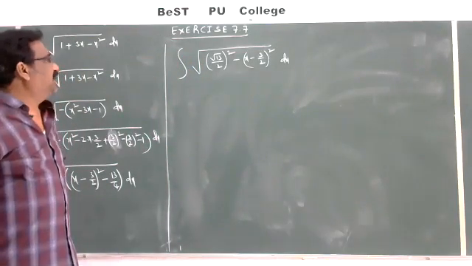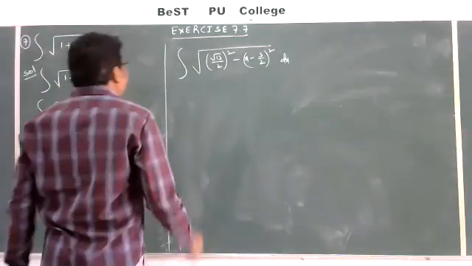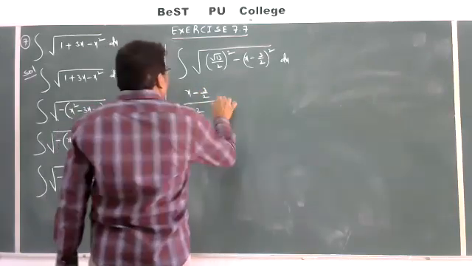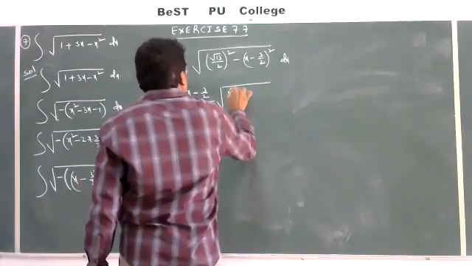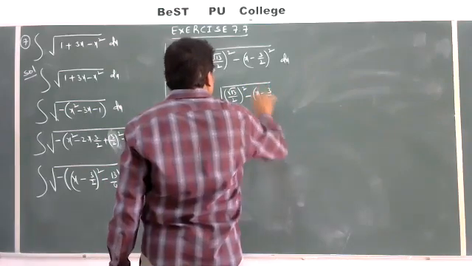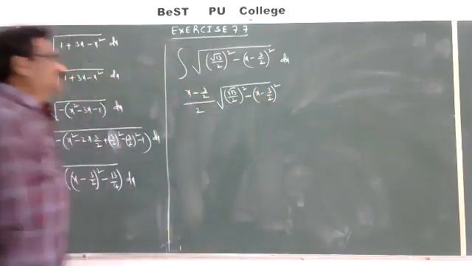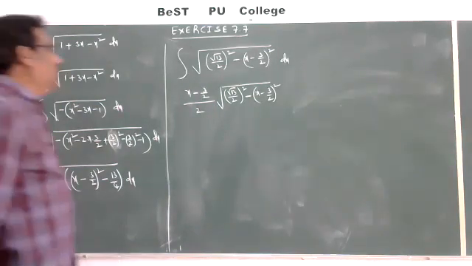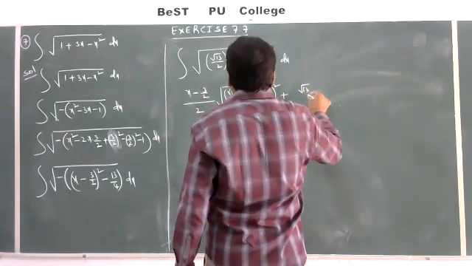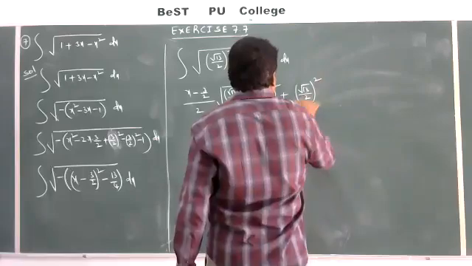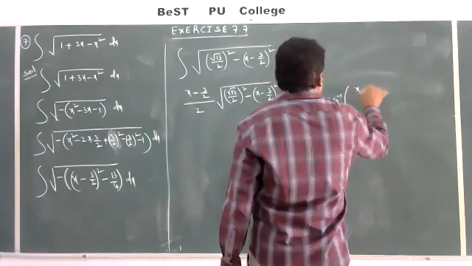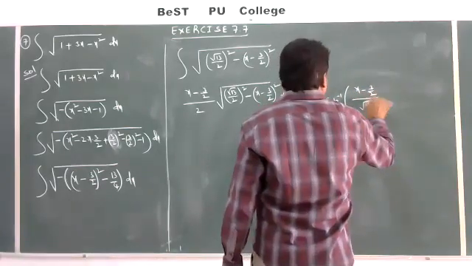So you remember the formula integral root of a square minus x square: x by 2 into root of a square minus x square plus a square by 2 into sin inverse x by a. That is x minus 3 by 2 into root of root 13 by 2 whole square minus x minus 3 by 2 whole square, plus root 13 by 2 whole square by 2 into sin inverse of x minus 3 by 2 by root 13 by 2.